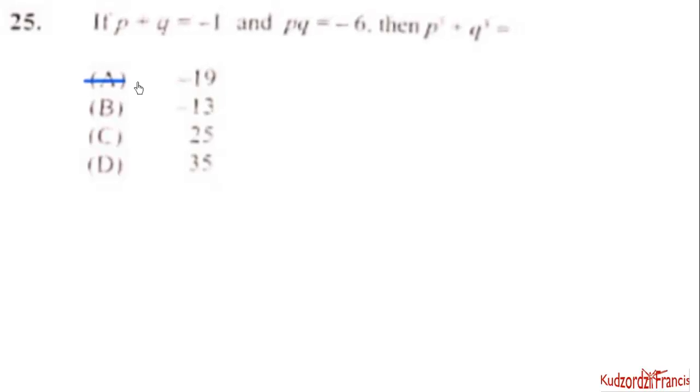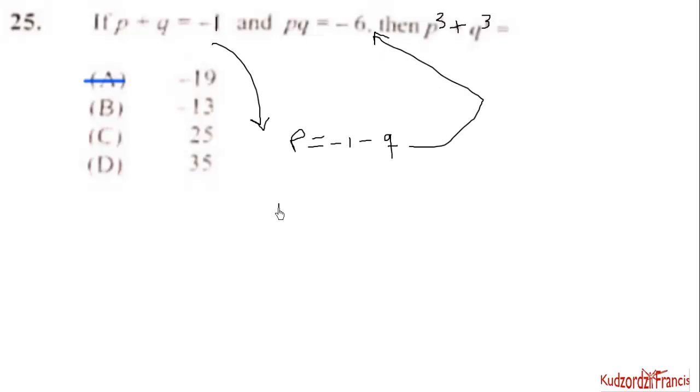Now we have this. If P plus Q is equal to -1 and PQ is equal to -6, then PQ plus QQ is, we solve simultaneously. This is equal to -1. So we make one of them the subject. So from this we have P is equal to -1 minus Q. Now let's plug this into this.